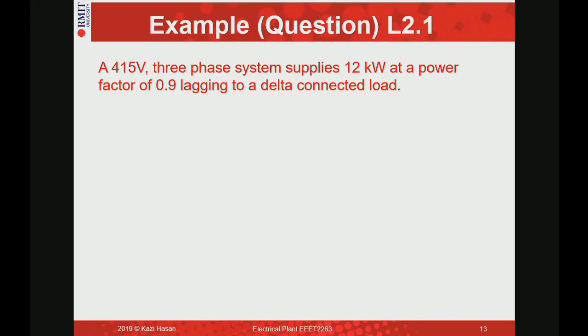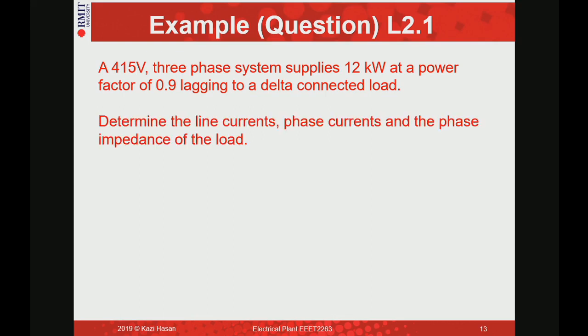So it is a 3-phase system, delta connected load, 12 kilowatt, power factor 0.9 lagging. This is the information given. Determine the line currents, phase currents, and phase impedance of the load.